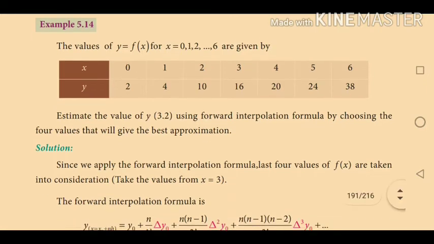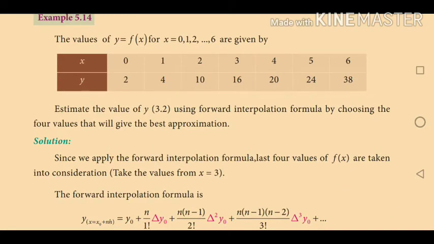Here it is given that y = f(x), for x equal to 0, 1, 2, 3, 4, 5, 6, with y equal to 2, 4, 10, 16, 20, 24 and 38. Estimate the value of y at 3.2 using the forward interpolation method.